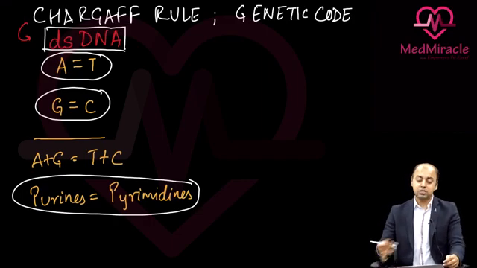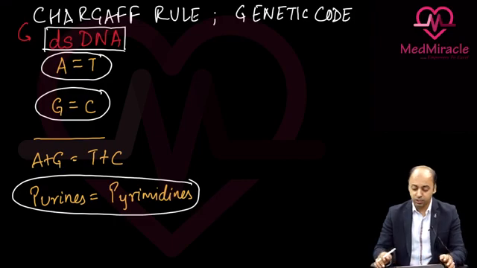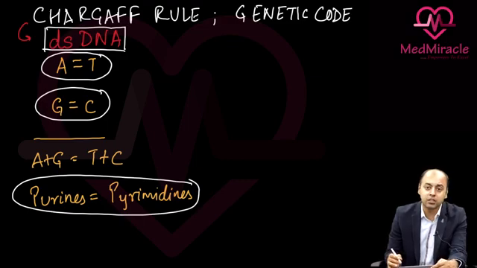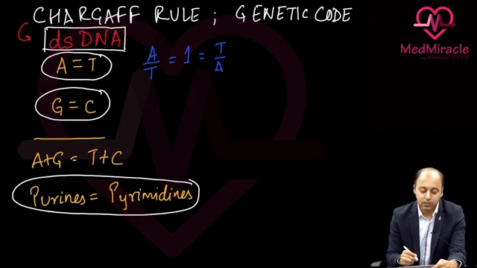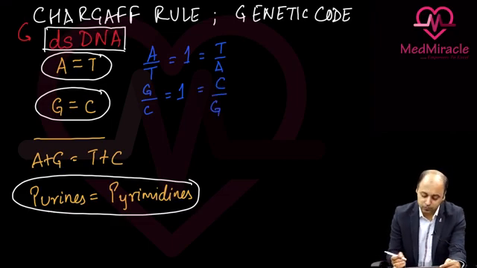Right? Now, this information can be extrapolated. What do I mean by extrapolation? The adenine is equal to thymine. This means the ratio of adenine and thymine is equal to 1, or the ratio of thymine and adenine is equal to 1. Similarly, the ratio of guanine and cytosine is equal to 1, and the ratio of cytosine and guanine is equal to 1.